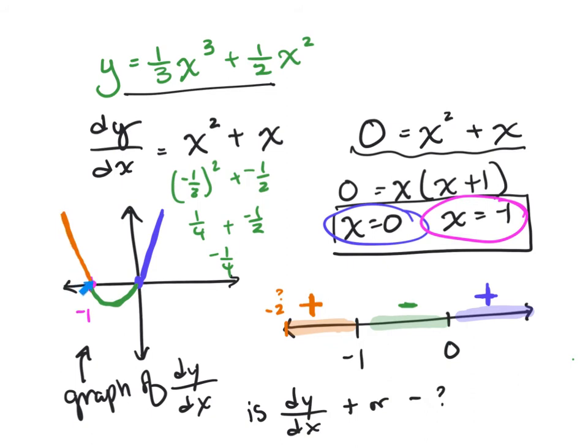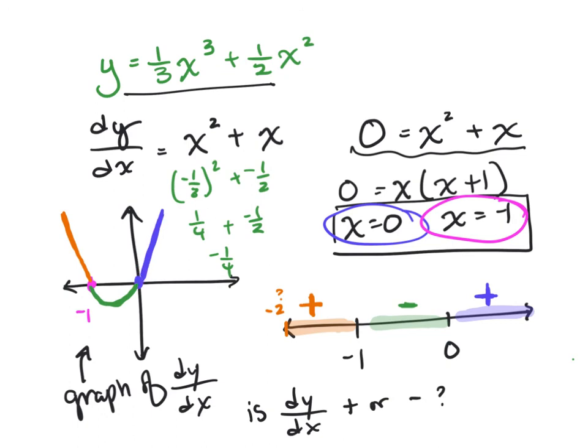I know that this orange line has a negative slope, but since this is the derivative and all of these orange values would be positive values, that means that my original function was increasing between negative infinity and negative 1. It also means that in this section between negative 1 and 0, because these are negative values, my function was decreasing. And then over here, we got positive values again, it is going to be increasing.